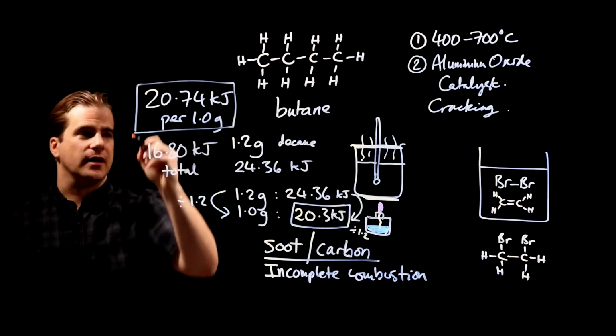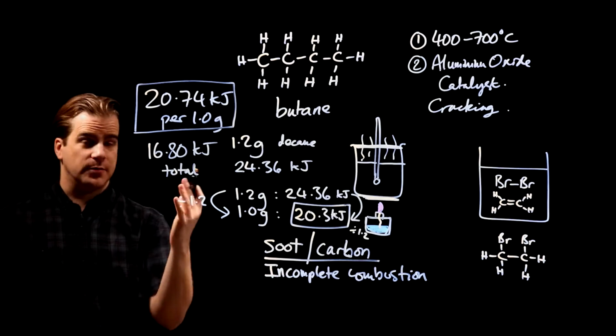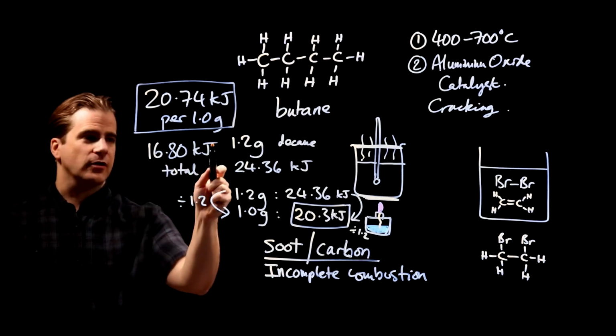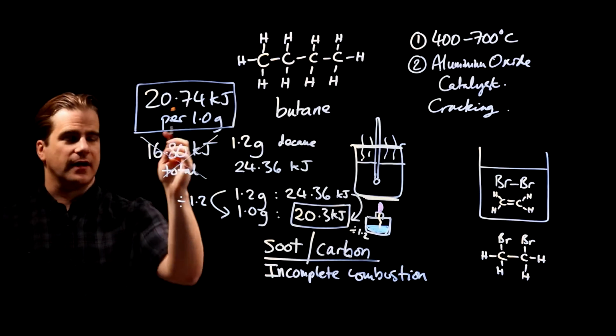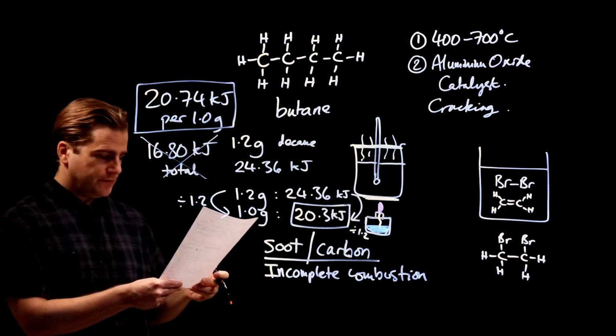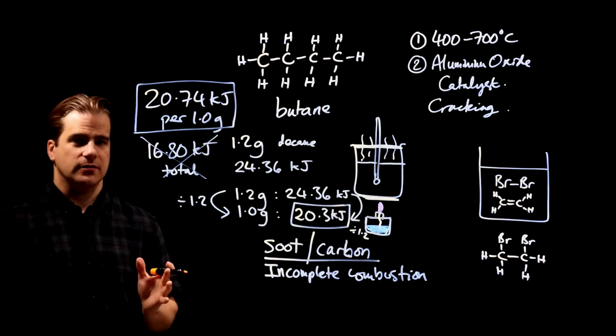The important figure is the amount of energy released per unit mass, or per gram. So ignore the total, don't worry about that. That's the important figure, and that's the largest. So that's the first reason. The second reason is, well, in the final column it says it produces the least soot.